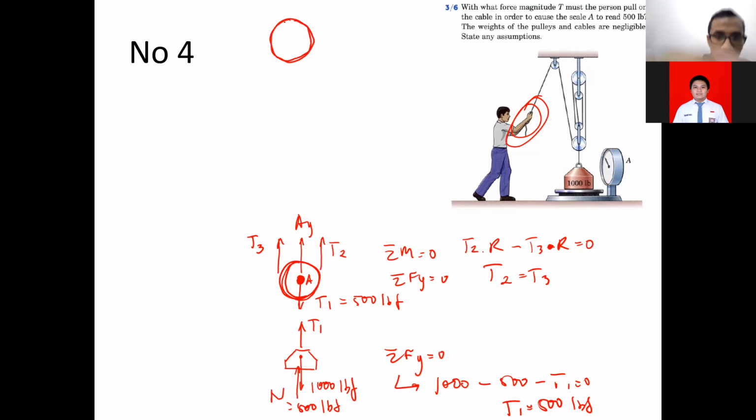So we will draw this. That one we have T2 going downwards, right? And then we have T4 here going downwards. Is it the same as T2 again? Yes, of course, using sigma moment in the middle.